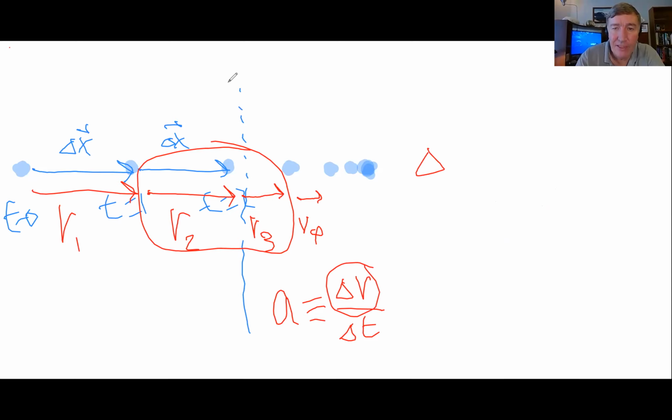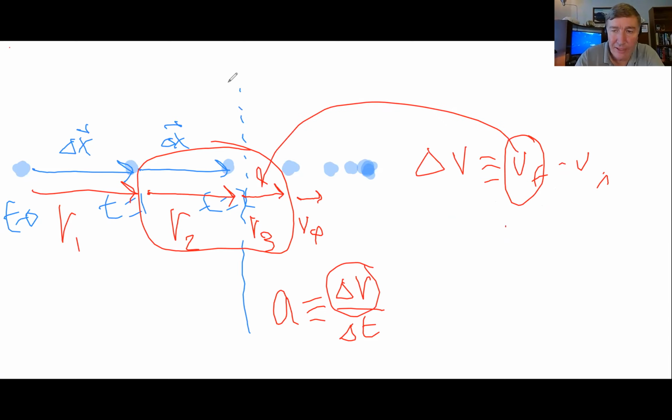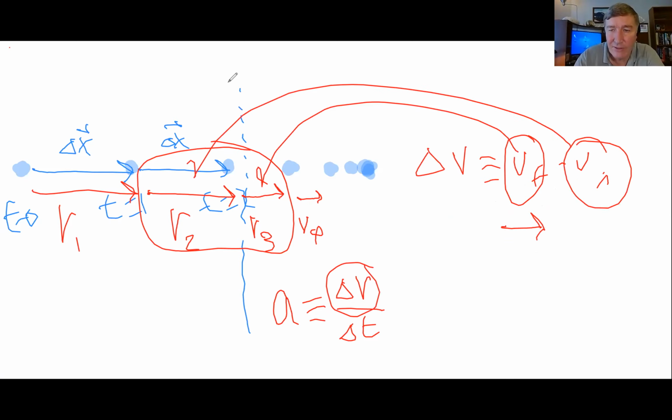Delta V is defined as V final minus V initial, okay? So my V final vector, that's this guy right here. So that's a vector that looks like this. My V initial vector is this guy right here. So that's a vector that looks like this, okay? That's my delta V vector, okay?